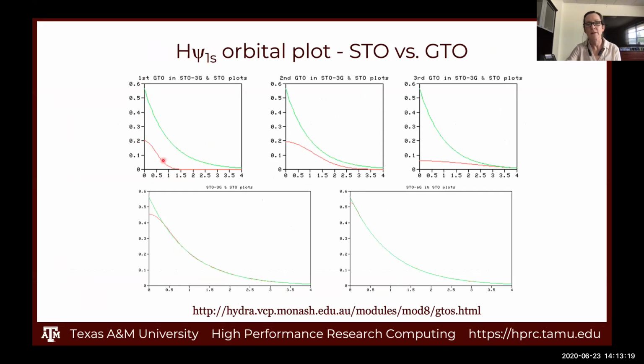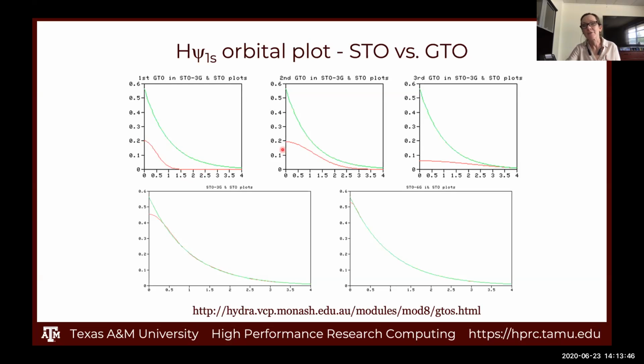And the red one is the Gaussian type orbital. And you can see that if you have one STO, it looks very much like a 1s orbital. But if you try to do that with a Gaussian type orbital, it's horrible, right? You don't get the cusp at the atomic center, it tails off at the wrong place. So a single GTO cannot really accurately represent a 1s orbital.